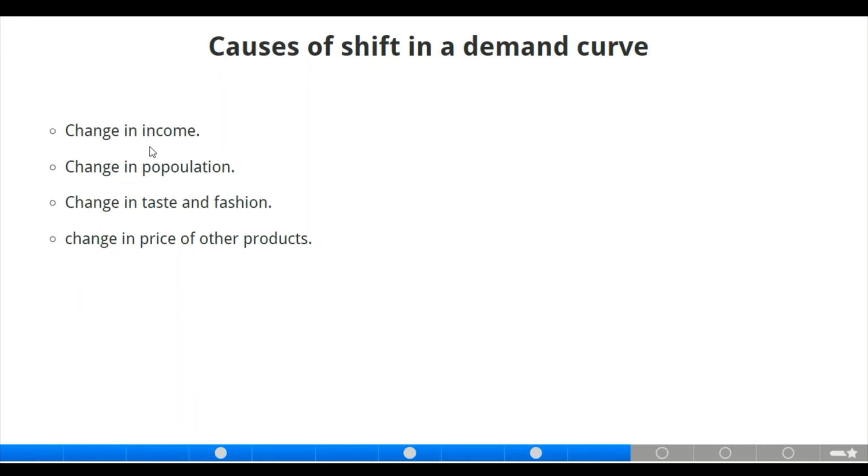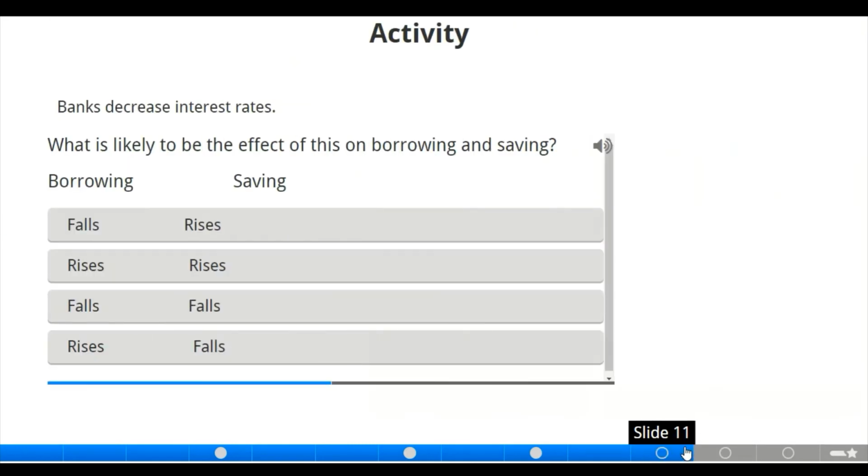Also change in population, and change in taste and fashion. That is, if the taste favors the consumer, he or she may decide to buy more of the commodity. And also change in price of other commodities.